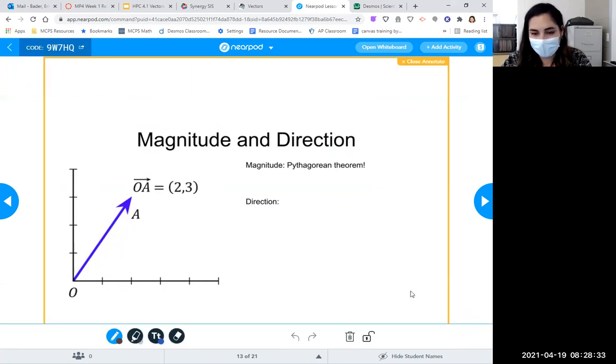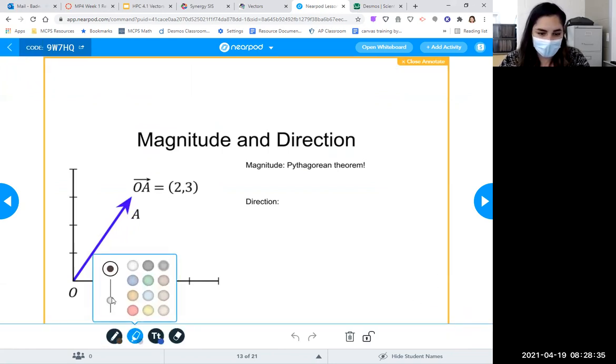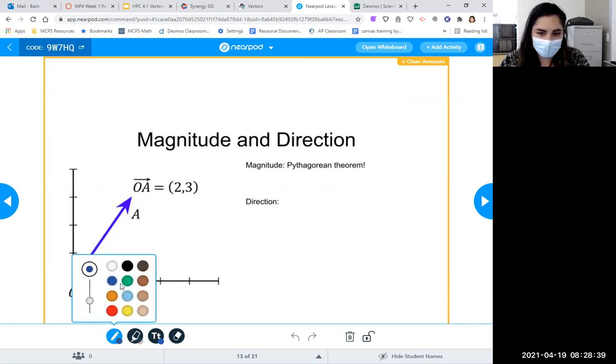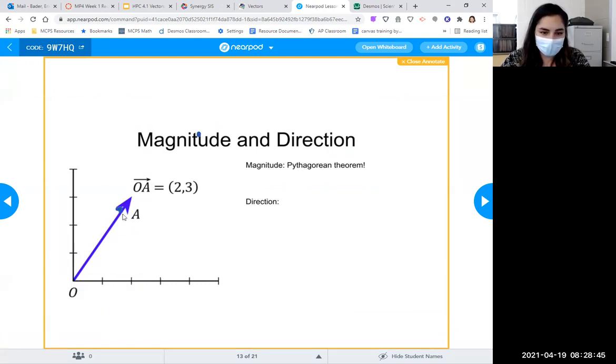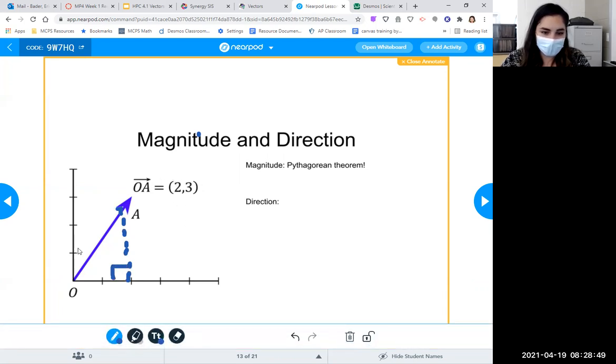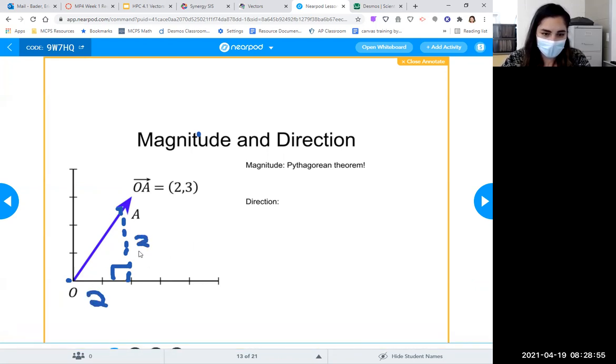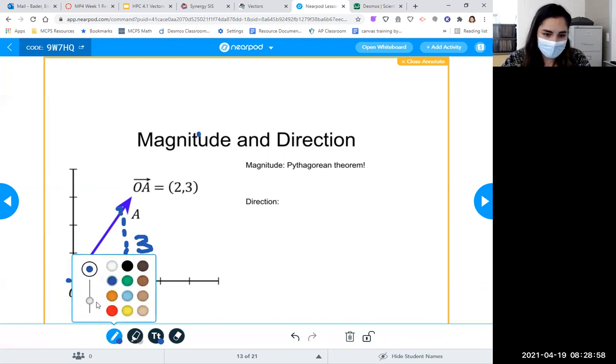And then the last two pieces I want to leave you with today are finding the magnitude and direction of a vector. So the magnitude really just stems from the Pythagorean theorem, right? If the components are, we go from 0 to 2, and so the horizontal component is 2, and then we go from 2 to 3, so the vertical component is 3.